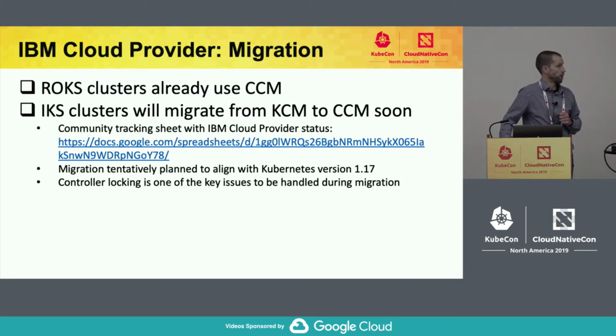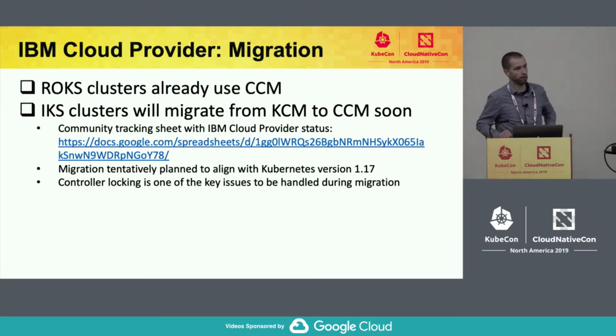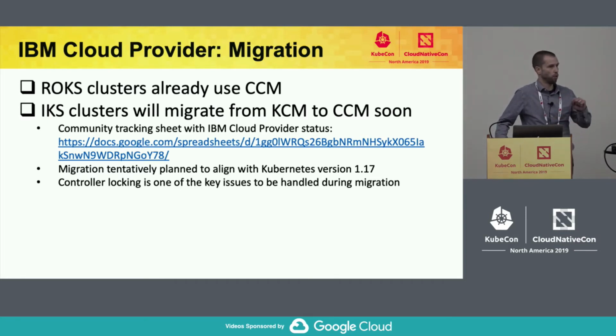And we want to make sure that when you migrate from one to the other, you don't get a service controller on the KCM and the CCM running in your HA environment trying to create or delete load balancers at the same time. That would be a problem. So the community is working on a solution for this to maintain availability, yet control the locking so that only one controller in each of the architectures is running at a given time, so that you can ensure that migration is smooth.